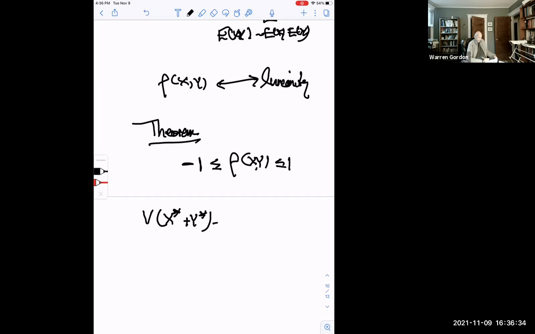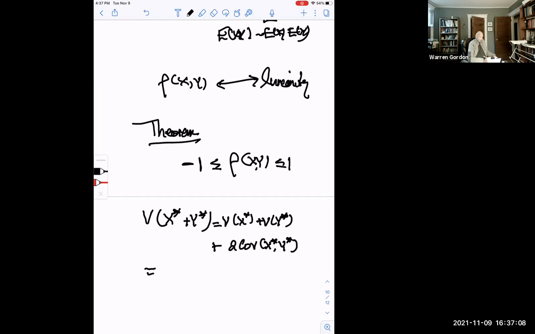We know this is equal to V of X star plus V of Y star plus 2 times the covariance of X star and Y star. Okay, so just a simple whatever. Now, these are standardized random variables.